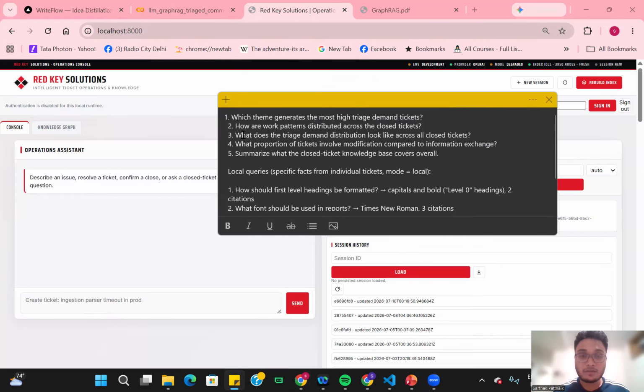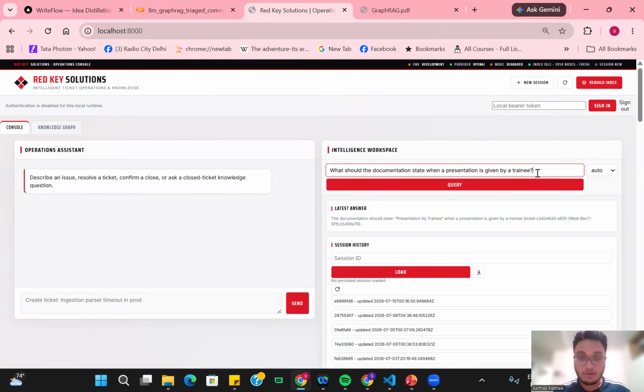So let's just say that I give it this question, for example: what does the triage demand distribution look like across all closed tickets? As you can see, this is not a very specific, hyper localized piece of information that I'm looking for. I'm looking for a much broader response from my LLM chatbot.